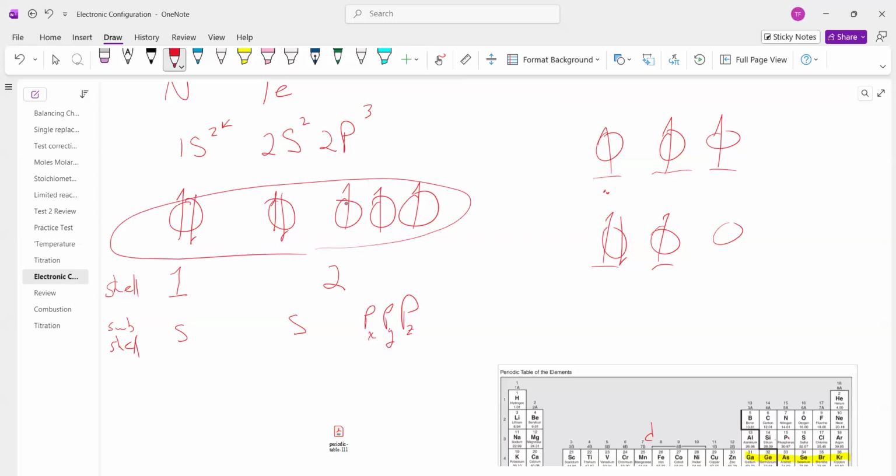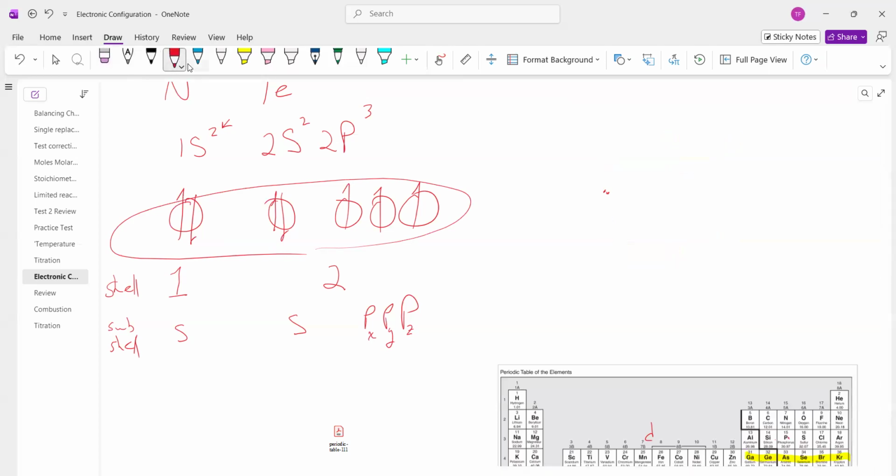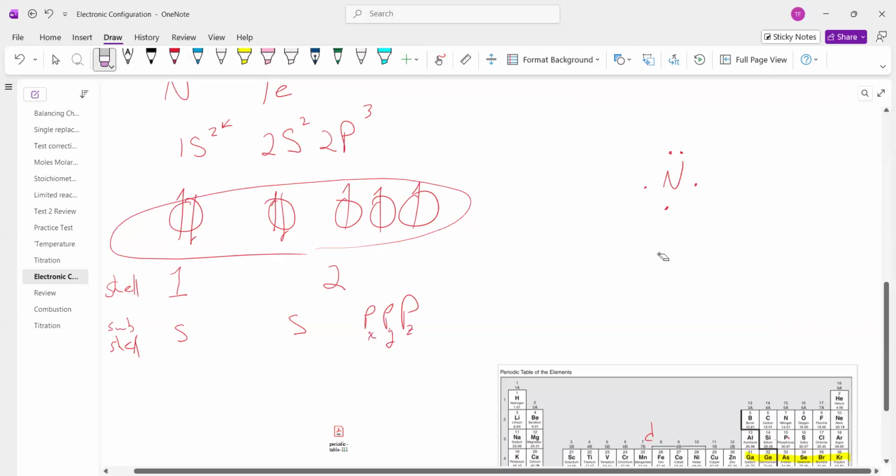Now, when we were doing Lewis dot structures, remember nitrogen looked like that?